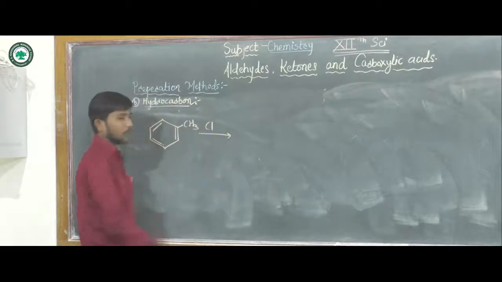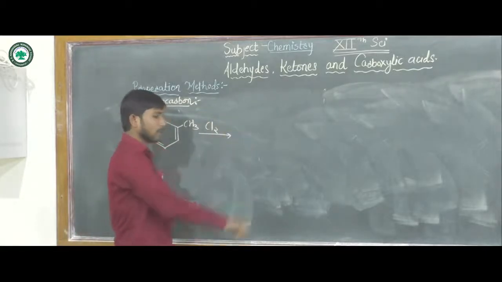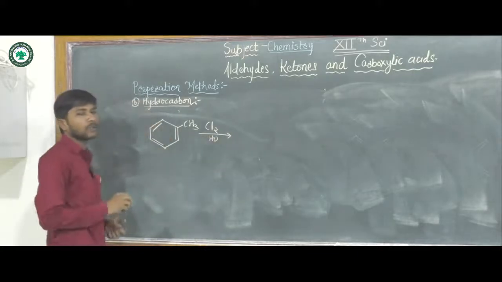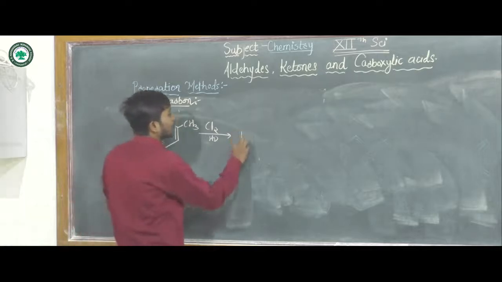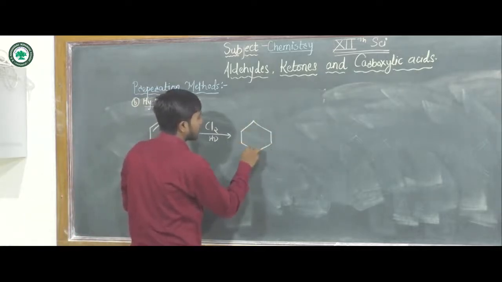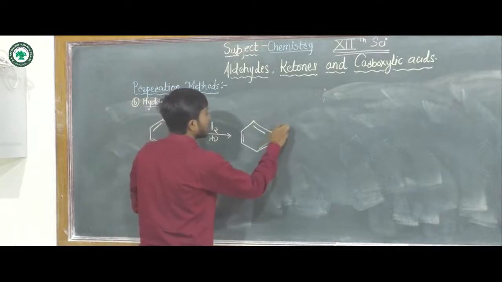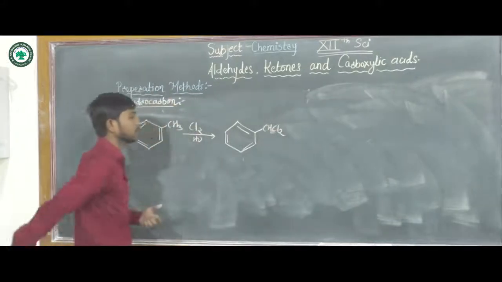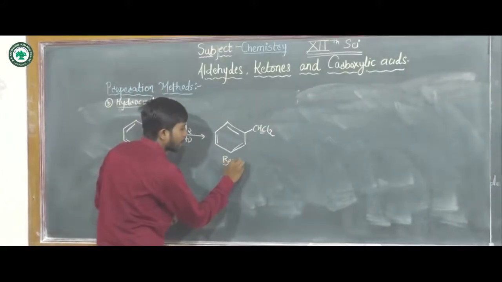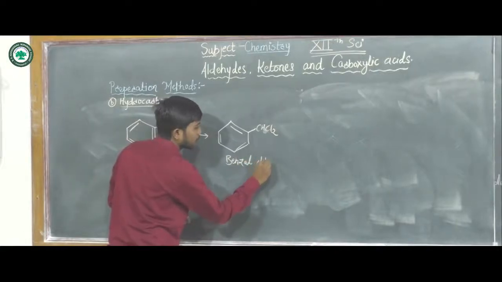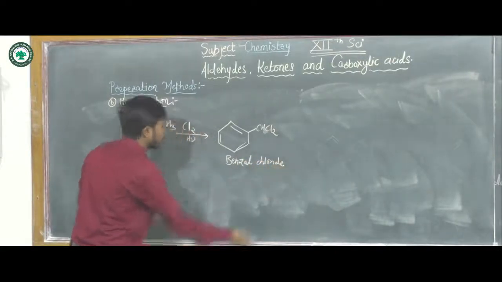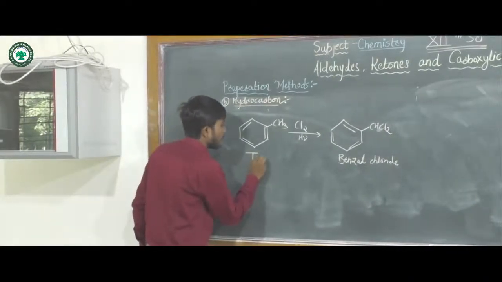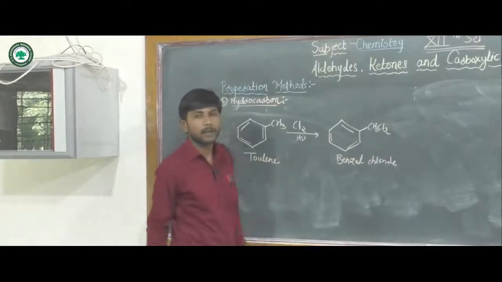We know for hydrocarbons, when we treat them with chlorine, that is chlorination, there is a use of diffused sunlight and there is a formation of benzyl chloride, CHCl2.